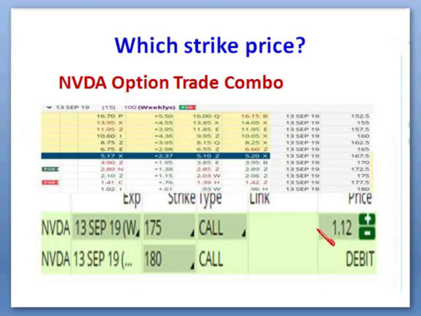Let's say this, when we closed it out, was at 40 cents. We were down 80 cents on that trade, but hopefully the calls were up enough, they covered that 80 cents and still made a profit.